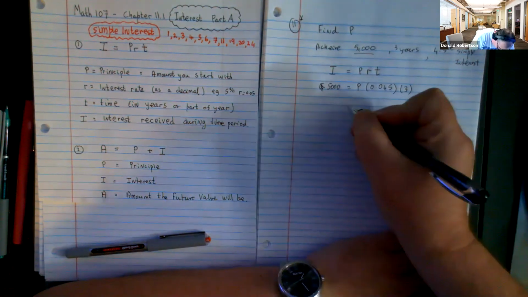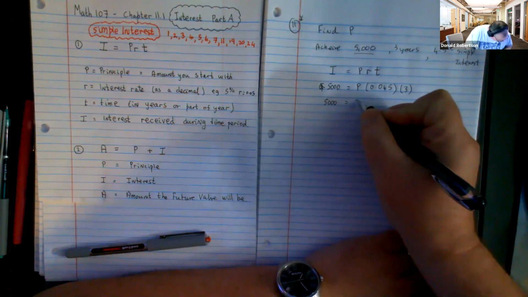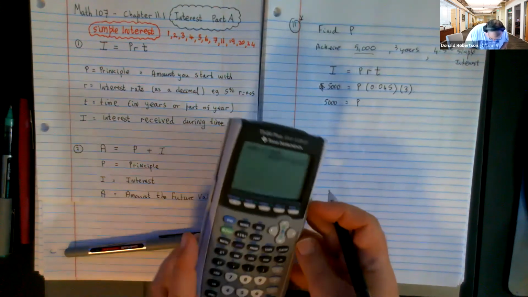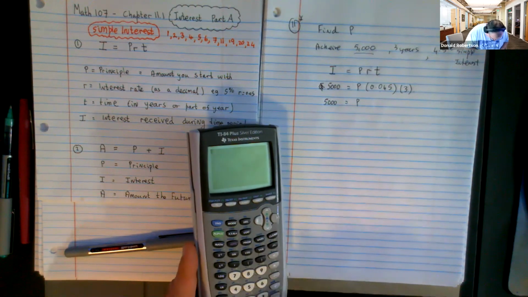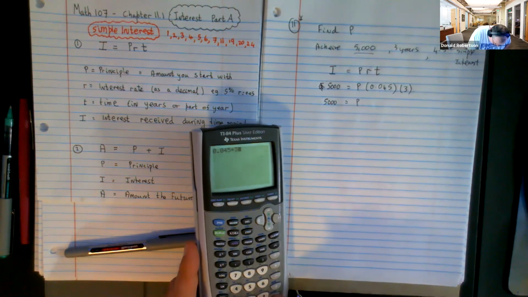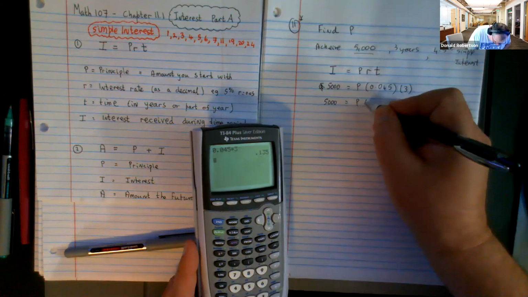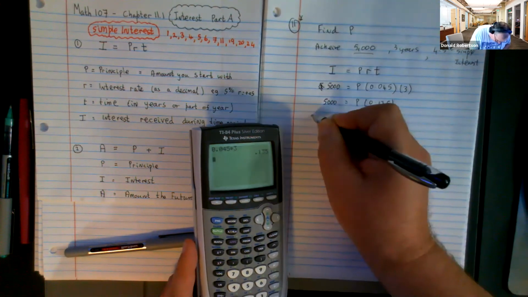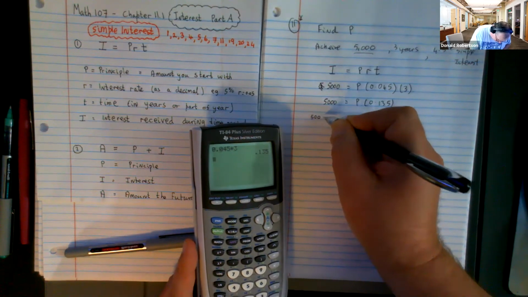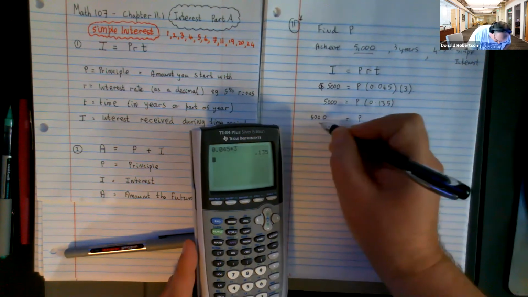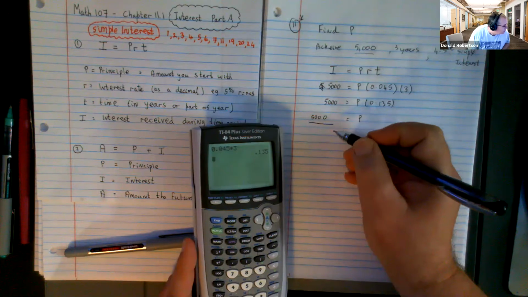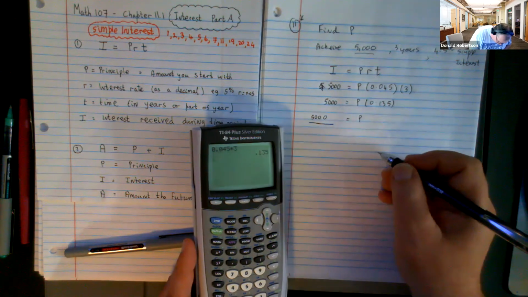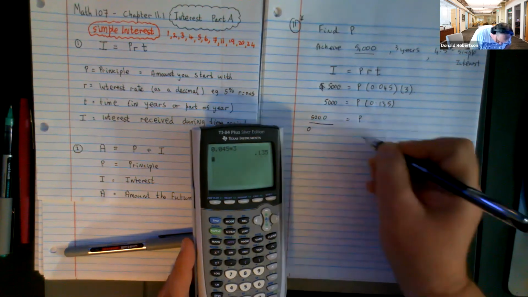$5,000. These 2 can get multiplied together. So that's going to be 0.045 multiplied by 3. And the answer I have is 0.135. So to get P, you take 5,000 and you divide it by 0.135.